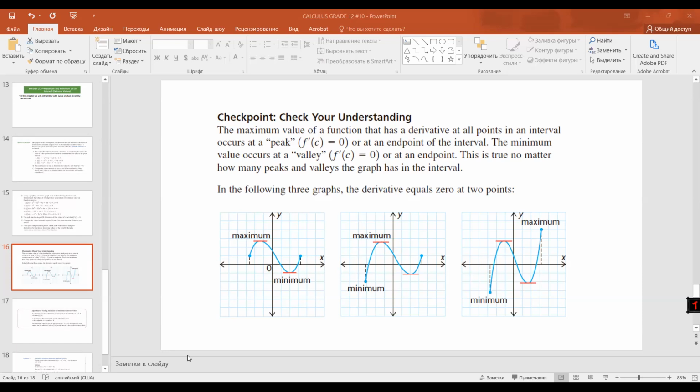The minimum value occurs at a valley, f prime of c equals 0, or at an endpoint. This is true no matter how many peaks the graph has in the interval. In the following three graphs, the derivative equals 0 at 2 points. And these are the graphs.